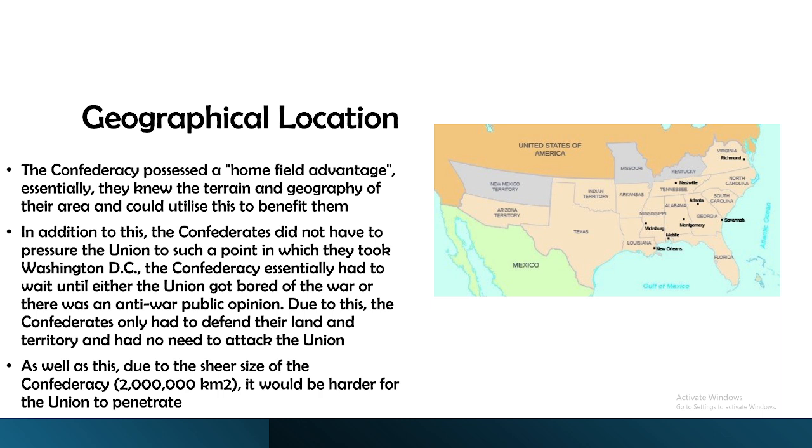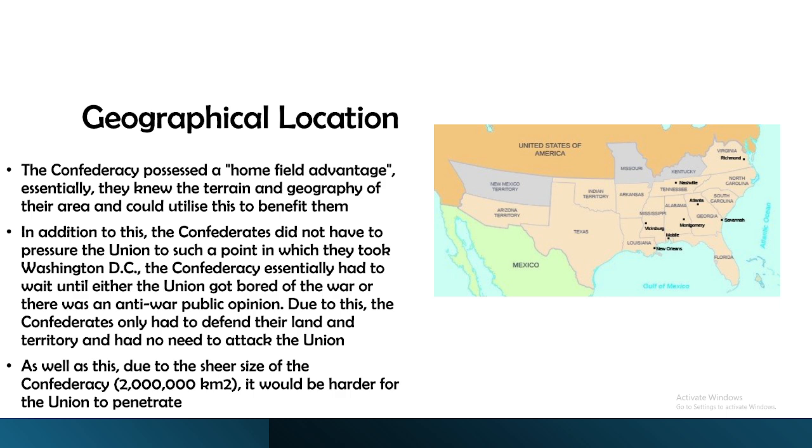Yeah, so as already stated, most of the fighting was on their territory, so they just had to defend, and they didn't really have to attack. Whereas sometimes they did attack, so into the north, like at Antietam.